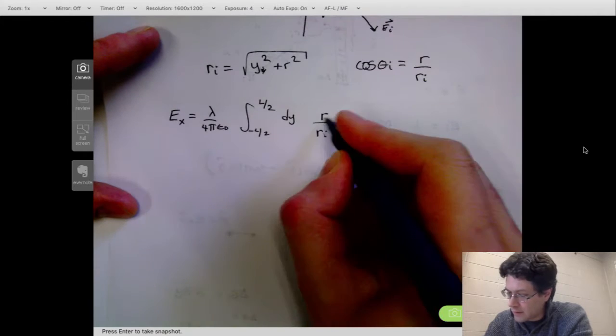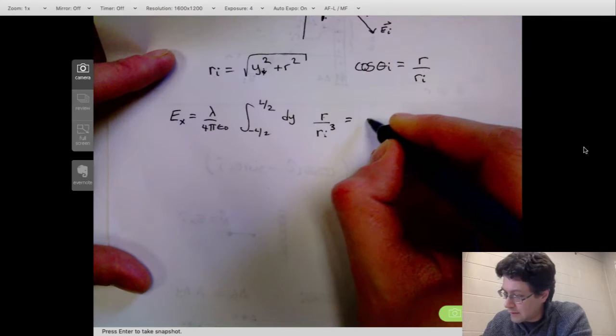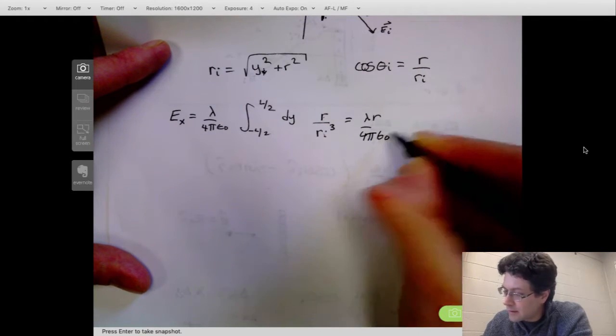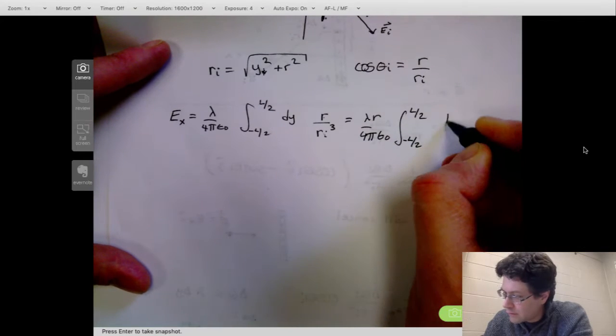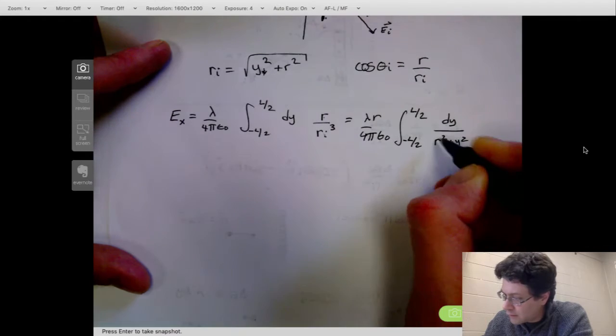The r is also a constant, so I can take it out, and this is lambda r over 4 pi epsilon naught, integral from minus L over 2 to L over 2 of dy over (r squared plus y squared) to the 3 halves.